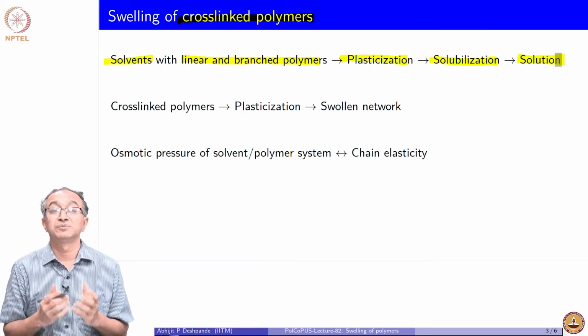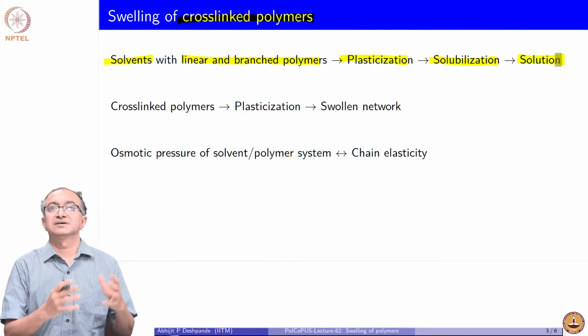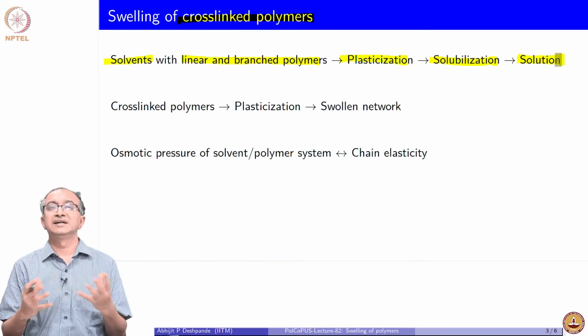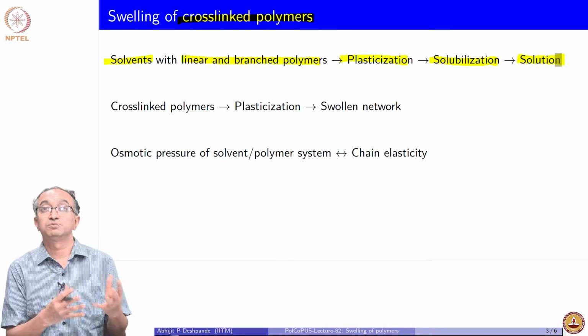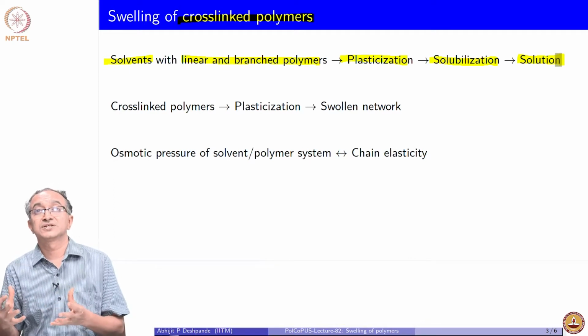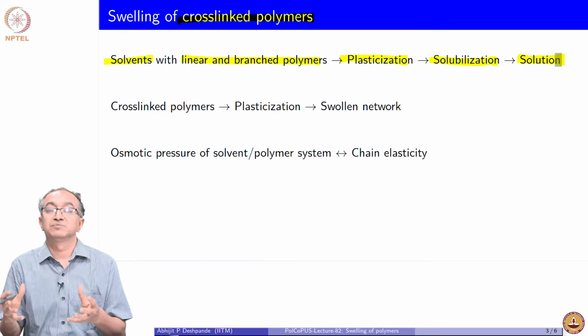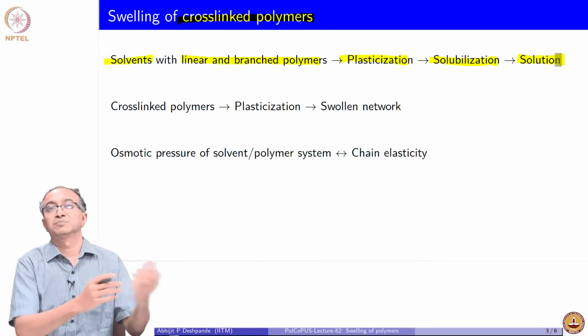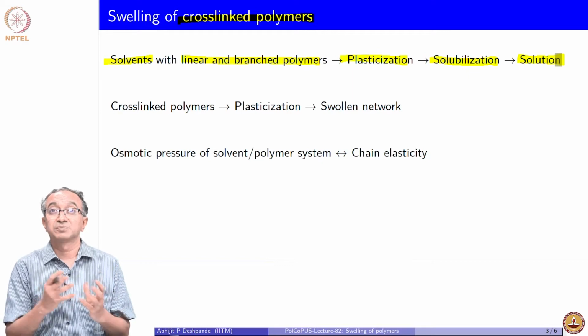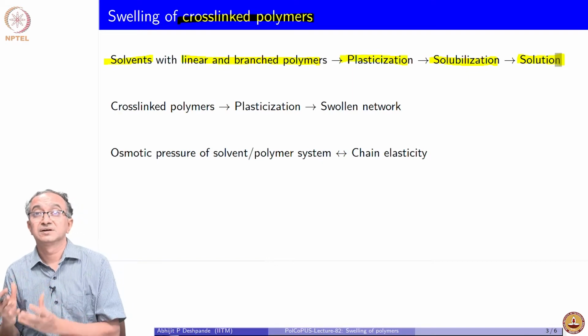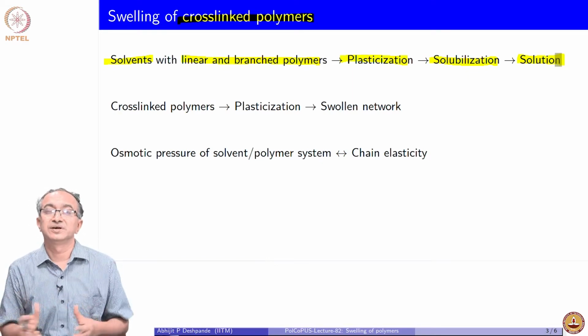In the end we get a polymer solution, in which polymer and solvent are completely intermixed. If it is a high concentration, some entanglements would be there, but if it is a dilute system, then a polymer molecule is separate from another polymer molecule. And so, for linear and branched polymers, we end up with a solution due to the effect of solvent.